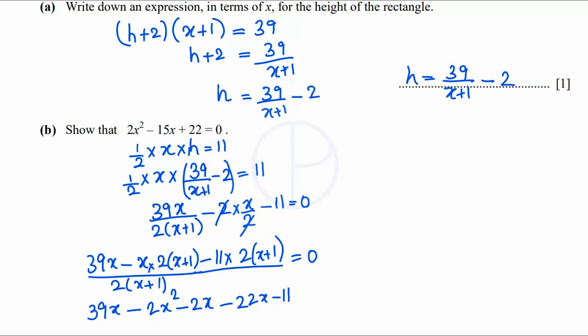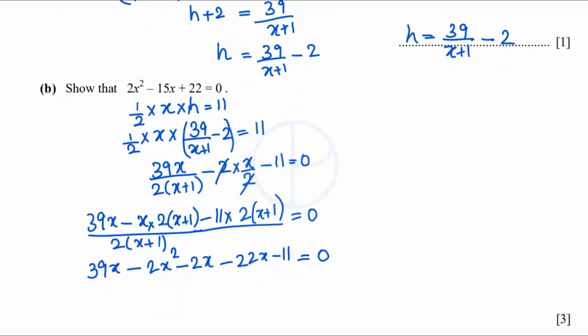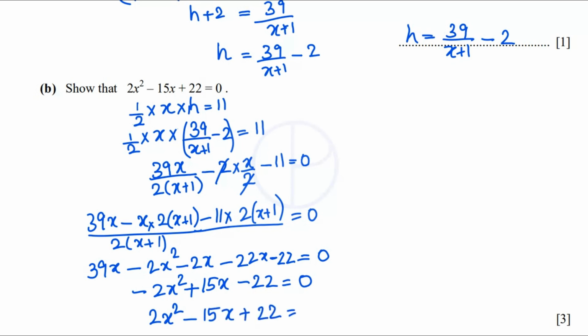The denominator when cross multiplied with 0 gives 0. Minus 2x square minus 22. Now let's combine the x terms. 39x minus 2x minus 22x is plus 15x minus 22 equal to 0. Multiply the whole term on both the side by negative 1. So we get 2x square minus 15x plus 22 equal to 0.